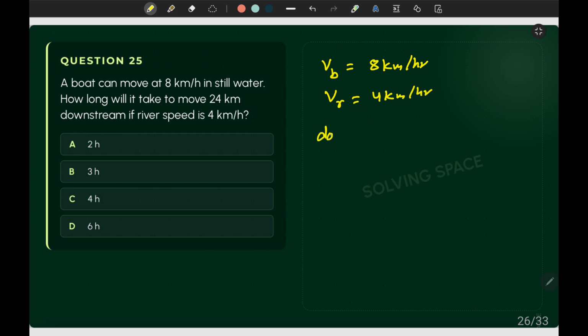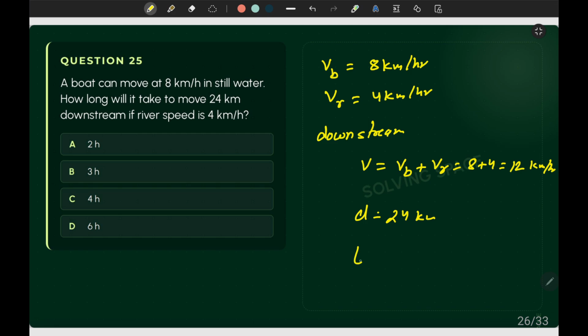In case of downstream, both are in the same direction, so the resultant velocity will be velocity of boat plus velocity of river, that means 8 plus 4 equal to 12 km per hour, and distance is 24 km. So time is d by v, that is 24 by 12, that is 2 hours is our answer.